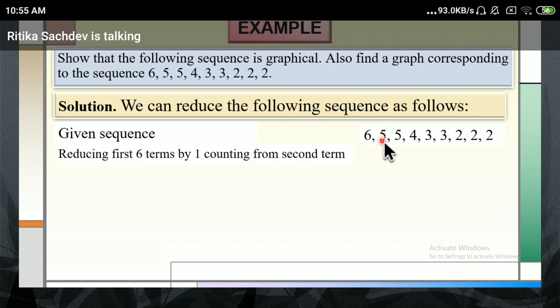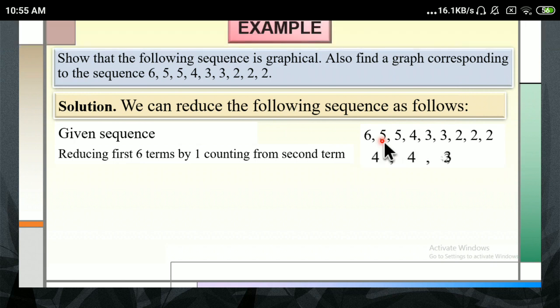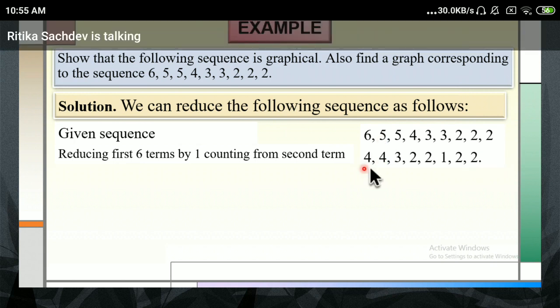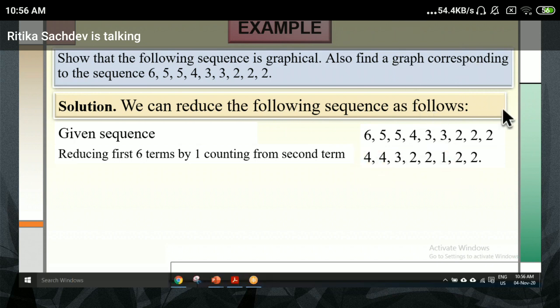From the second term we subtract from the first 6 terms. So it becomes 4 4 3 2 2 1. The last two remain as they are because the total count is 8. We only had to do it for the first 6.